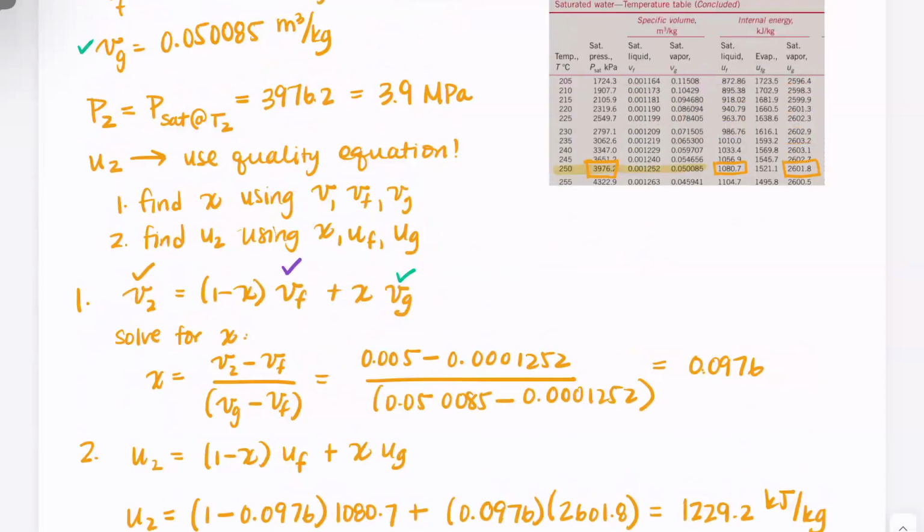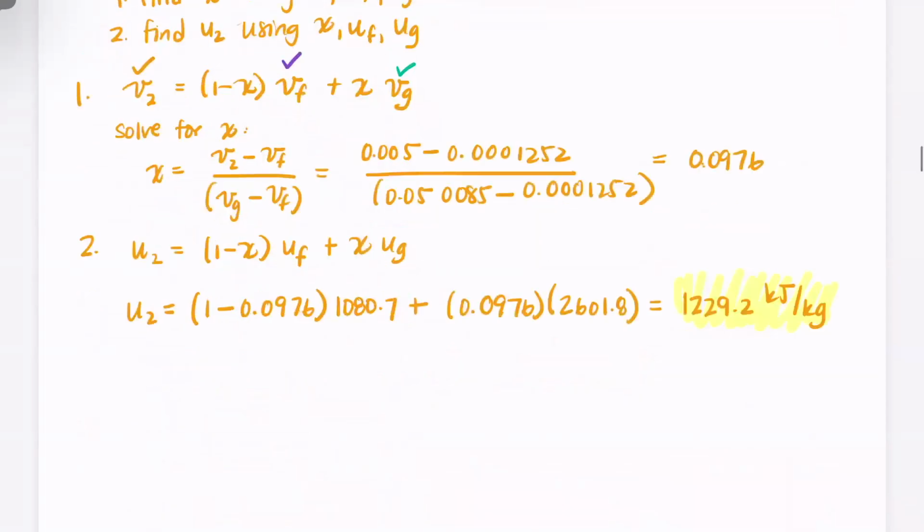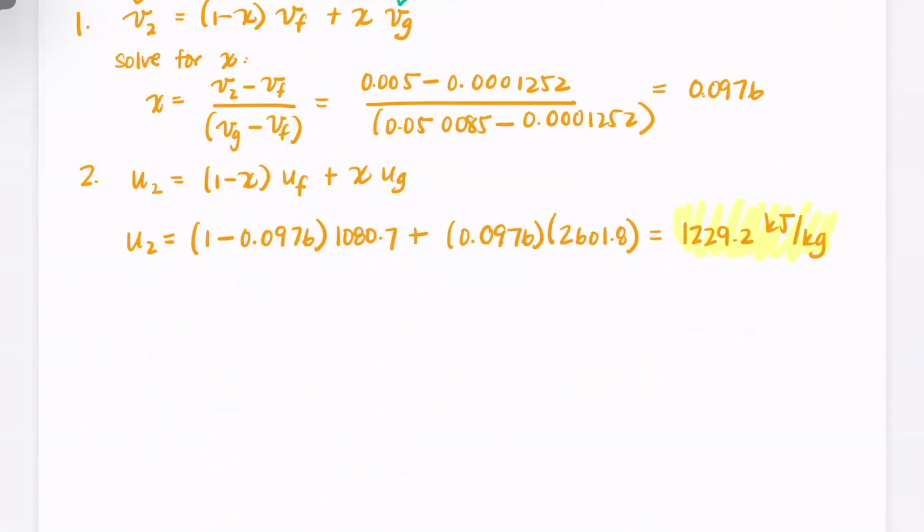Okay, so we have our pressure and we have our internal energy. Do you guys want to see the interpolation version of finding this? Yeah, okay. So alternatively, we can find U2 by interpolating.